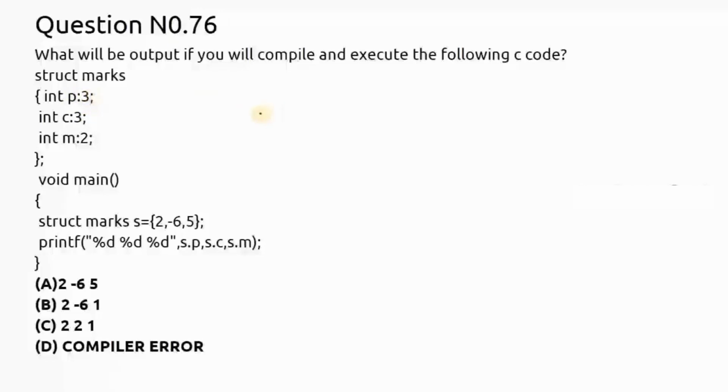So the variable P will be stored in only 3 bits. The variable C will also be stored in 3 bits, and M with only 2 bits. So we'll see here how the execution happens. So struct marks S equals 2, minus 6 and 5, like P equals 2, C equals minus 6 and M equals 5 here.